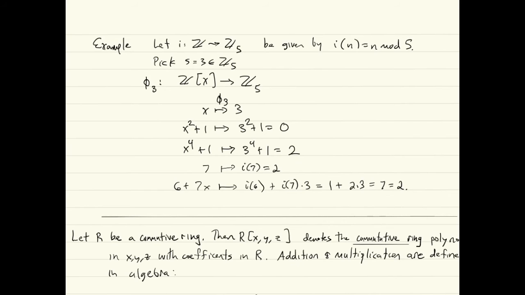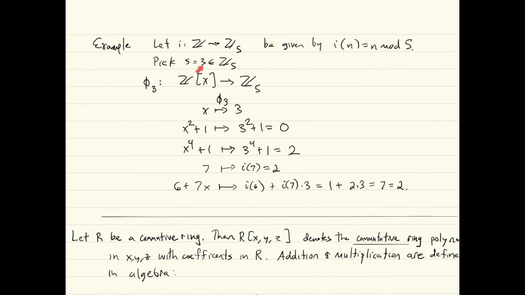So here's a simple example of an evaluation homomorphism. So let i be the natural map from the integers to the integers mod 5, given by sending an integer n to n mod 5. So 1 goes to 1, 2 goes to 2, and so forth, and then 5 has to go to 5 mod 5, which is 0, and so forth. Anyway, let's pick this evaluation at s equals 3.